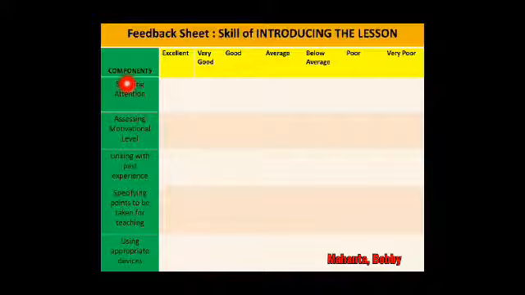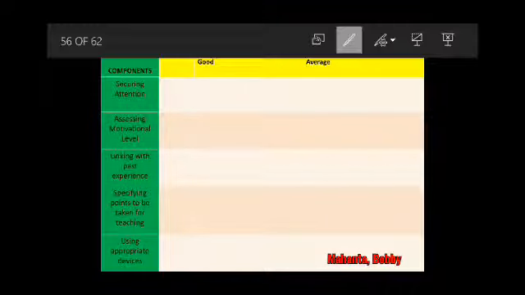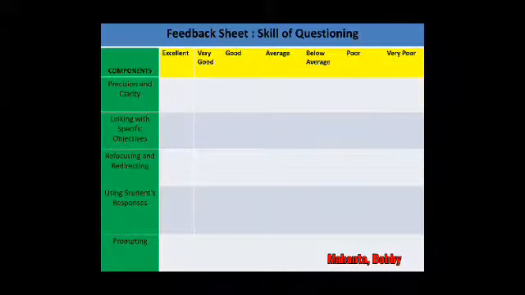Supposing with regard to introducing the lesson, it is not up to the mark, you can place a tick mark this side. Supposing linking is very poor, this way you can provide a tick mark depending upon the performance of the trainee. Clear? So this is with regard to the introduction.